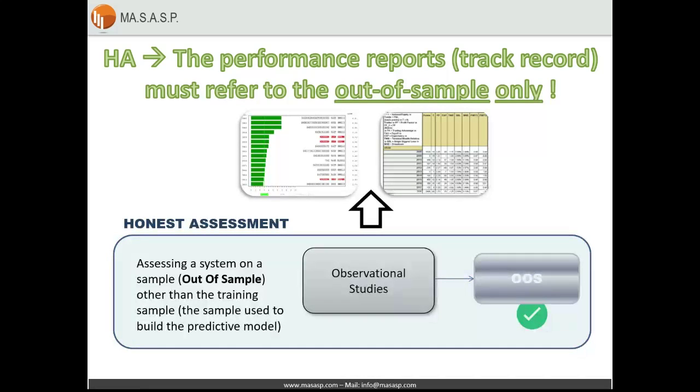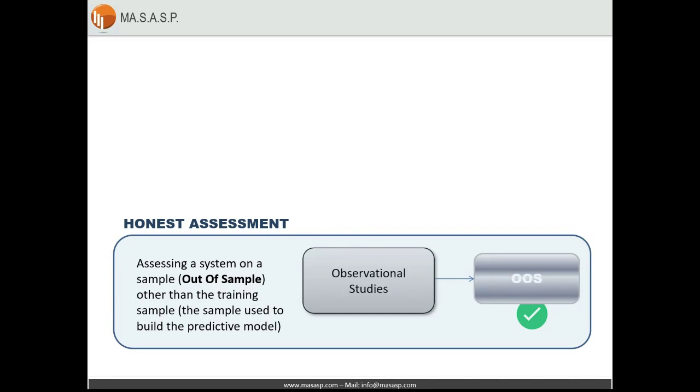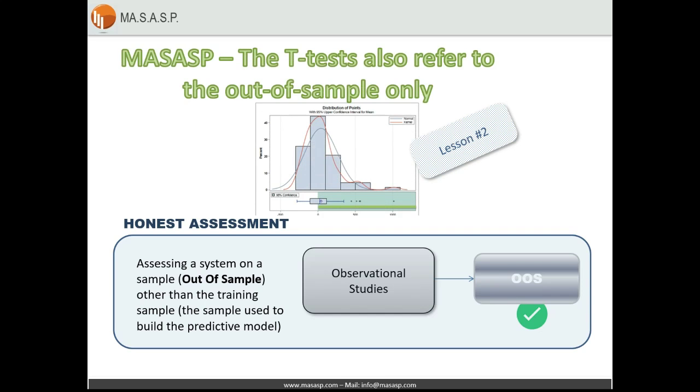The performance reports must refer to the out-of-sample only. MASASP even goes beyond that. Also, the statistical tests in MASASP are confined to the out-of-sample, improving then their reliability.